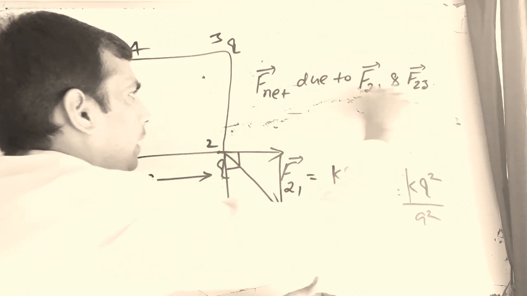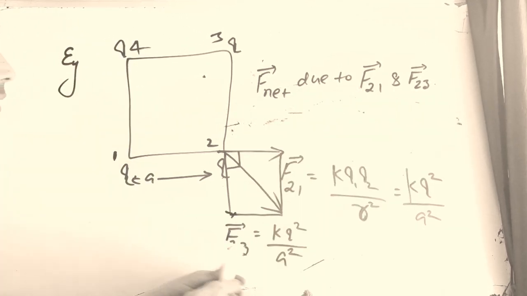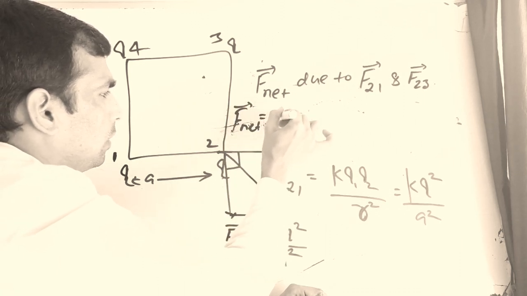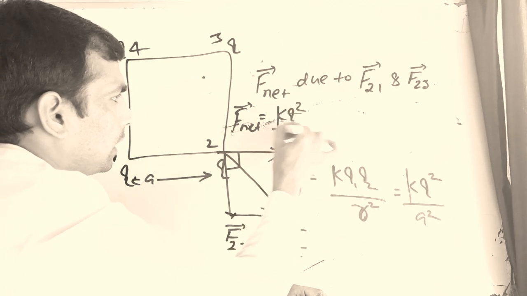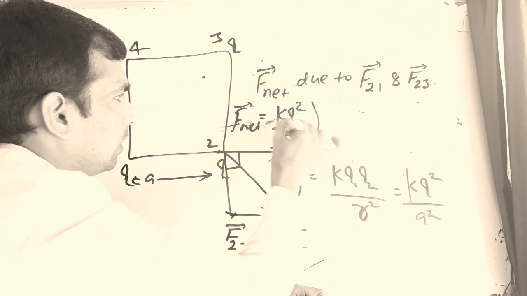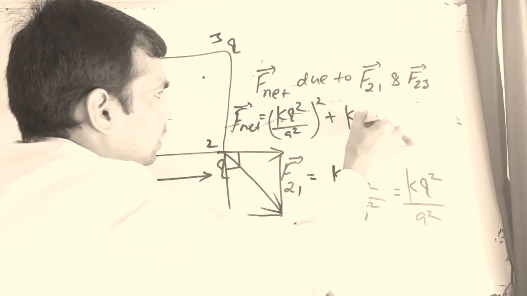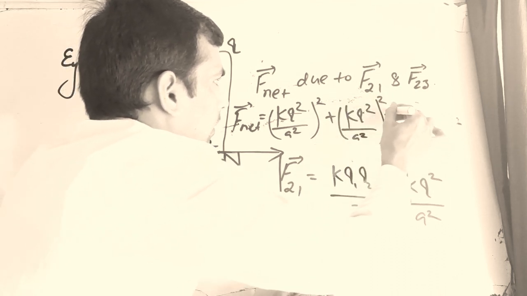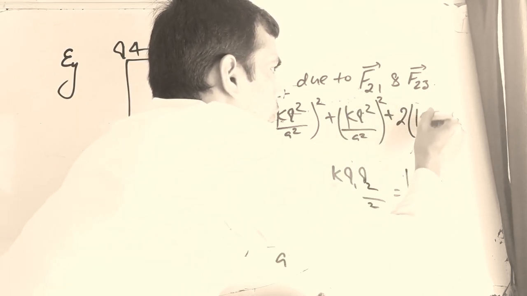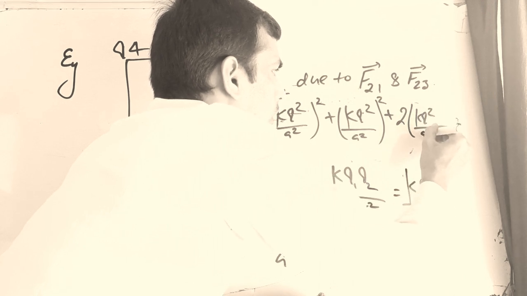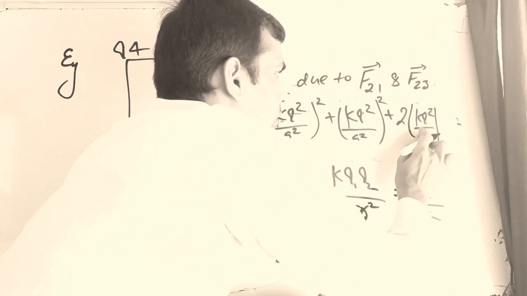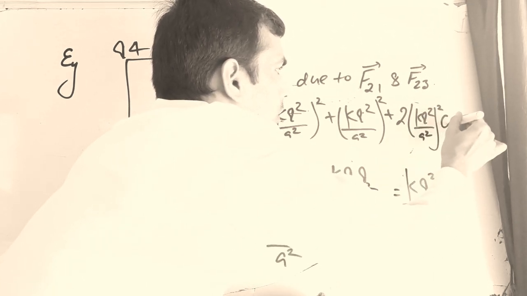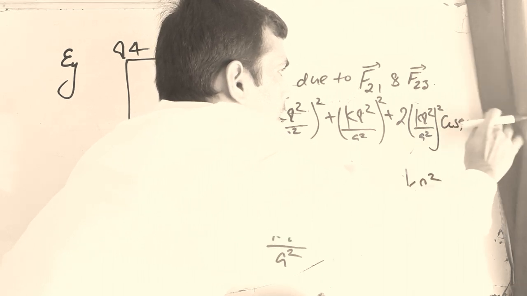So basically I'm going to find F net due to all the charges. So F net is kq² upon a² whole squared plus kq² upon a² whole squared plus 2 times kq² upon a² into kq² upon a² into cos of 90 degree.